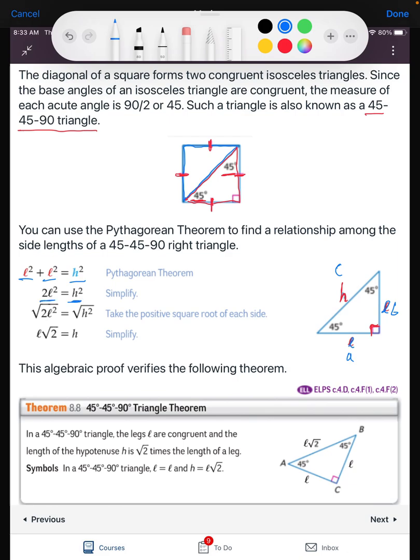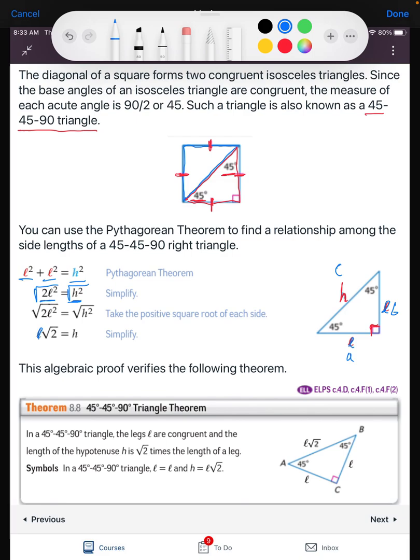Then we can take the square root of both sides to get the square root of 2L squared equals the square root of h squared. We can factor out an L because we have L squared. So we have L times the square root of 2 equals h. This algebraic proof verifies the following theorem.